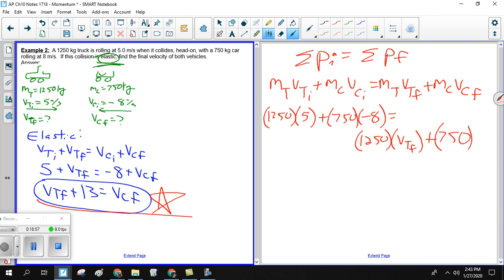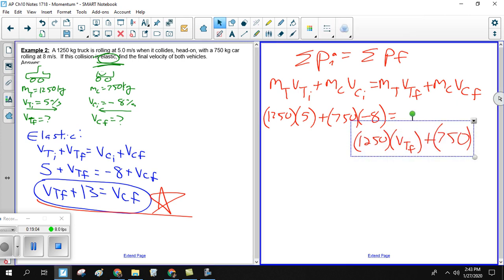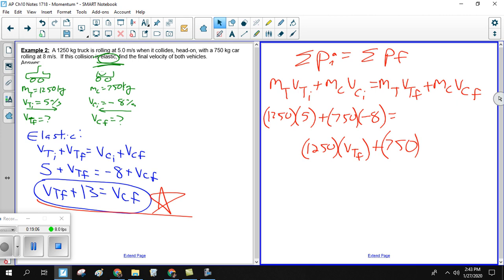So times, oh, I'm totally out of room. Let's scooch all this over to give myself a little more room. Times, let's see, velocity of the car final is VTF plus 13.